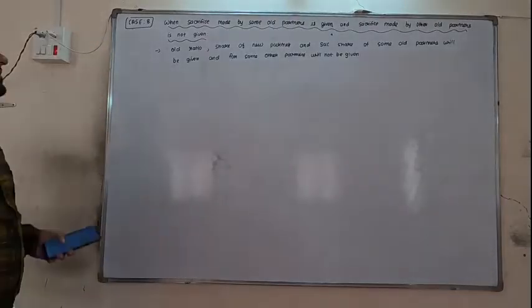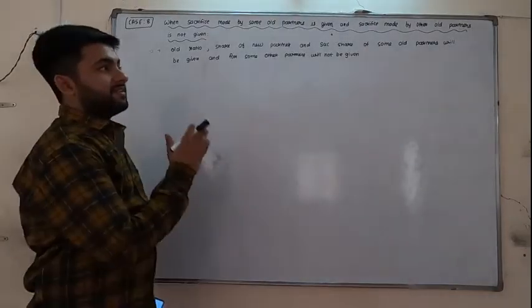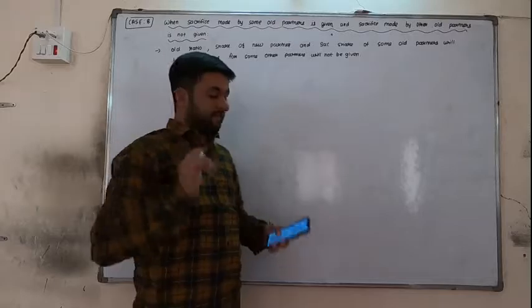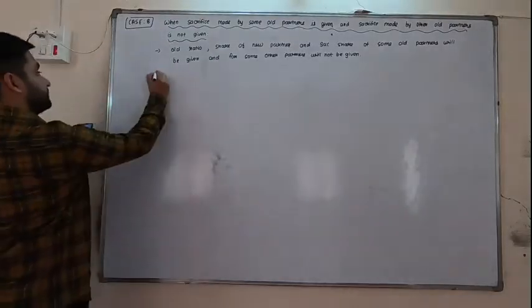So old ratio, share of new partner and sacrifice share of some old partners are given, and some old partners are not given.